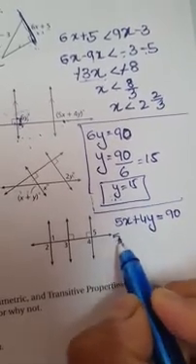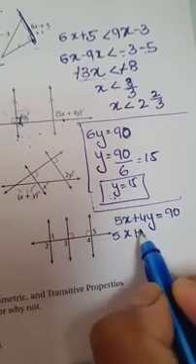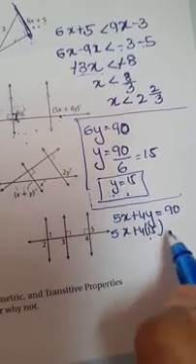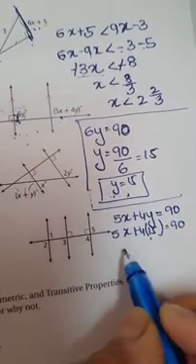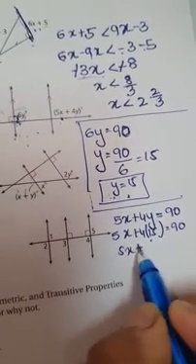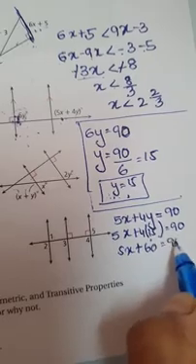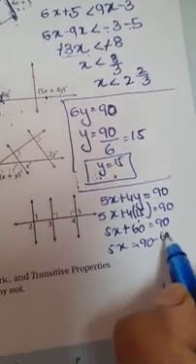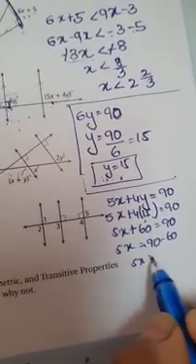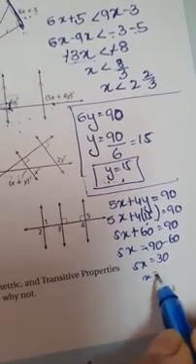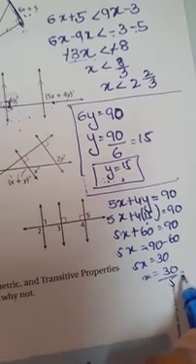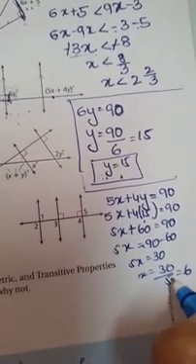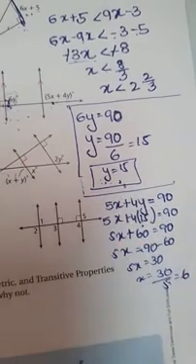So 5x plus 4 multiplied by 15, because we already found the value of y is 15, is equal to 90. 5x plus 60 equals 90. 5x is going to be 90 minus 60, so 5x is 30, and x is 30 over 5, which is equal to 6. So the value of x is 6 and the value of y is 15.